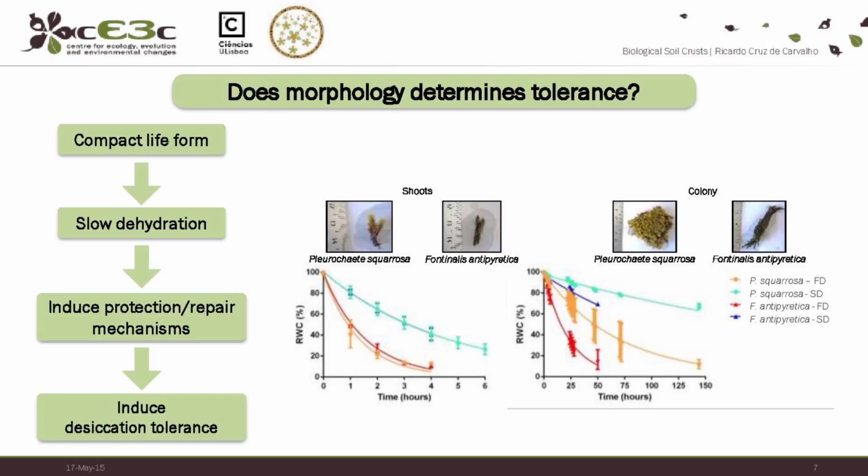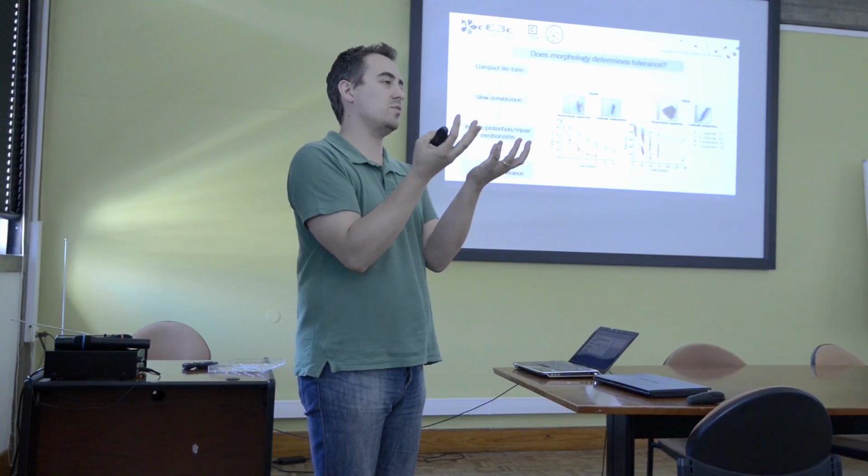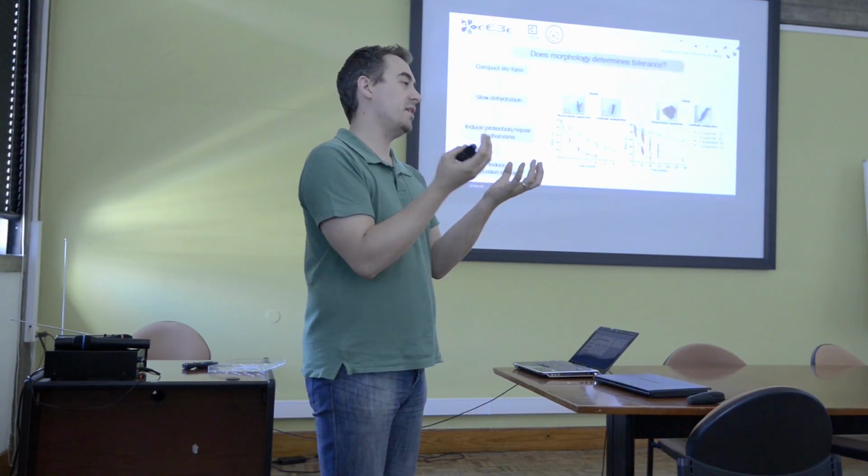But when you look at the colony morphology, what we see is that the different shapes of the colony induce different behavior, and we have a large variability in the size of the colony and the shape it takes, because Pleurochaete squarrosa is like a star, a very compact clump that retains water by capillarity.